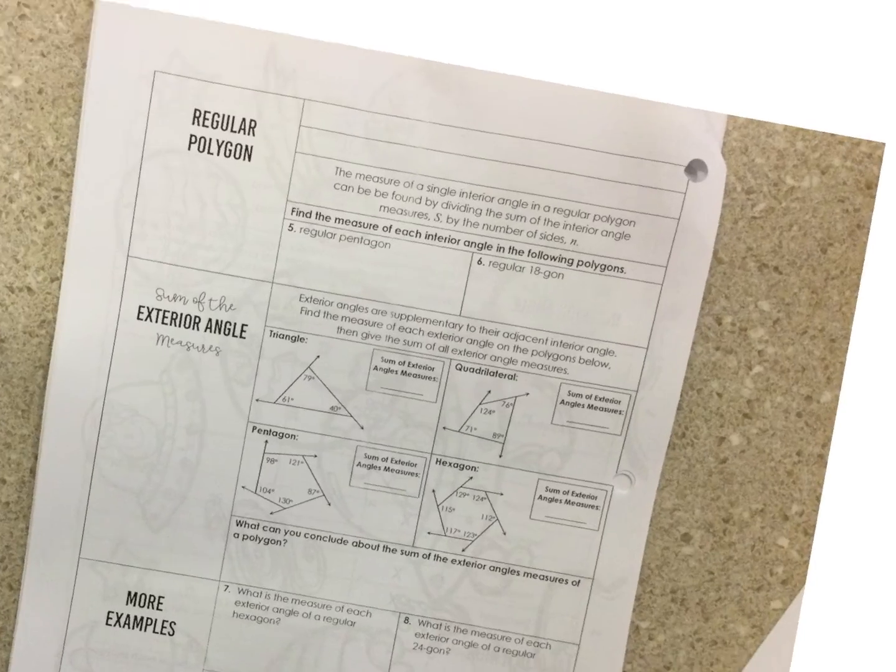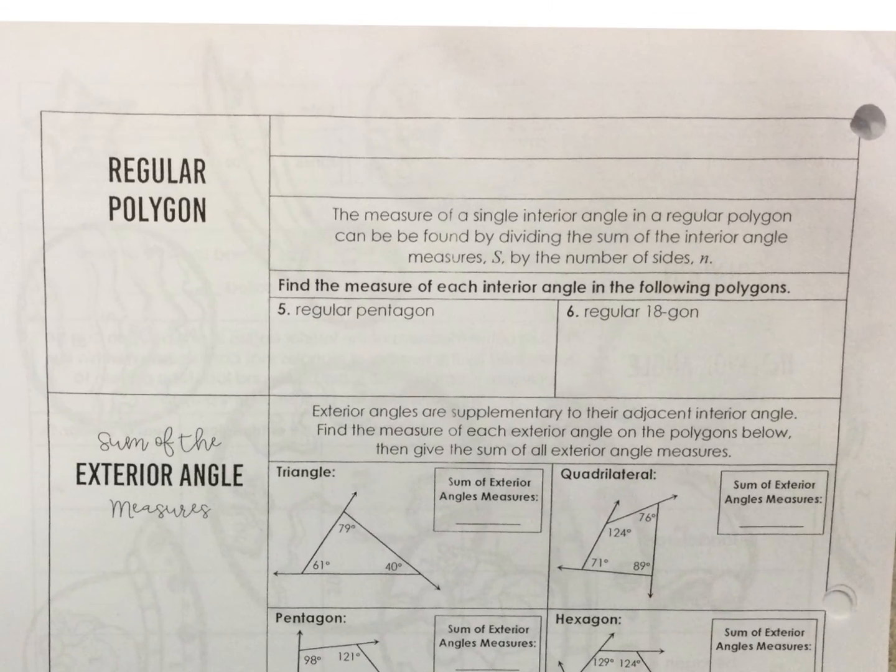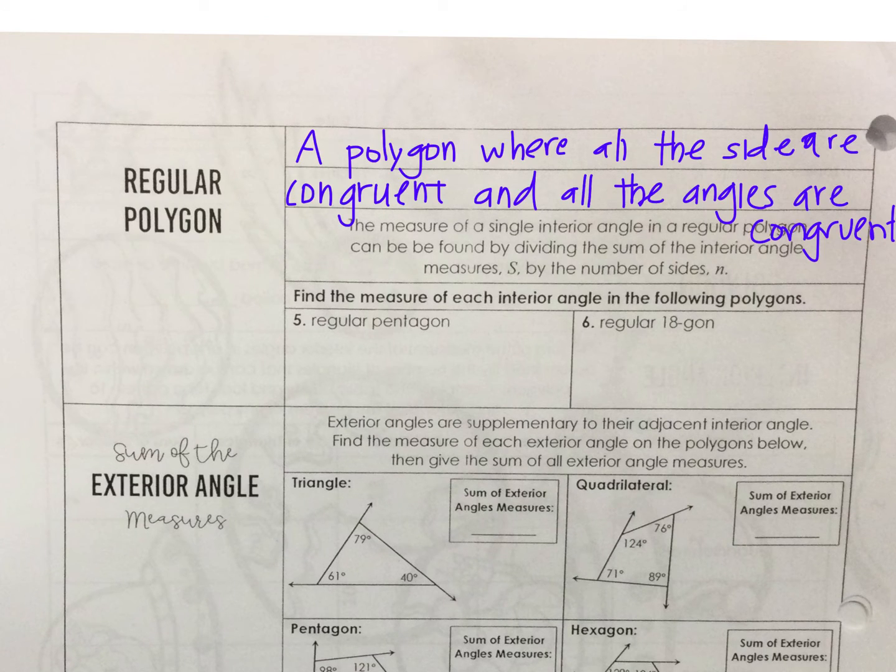On this page, we're going to talk about regular polygons. A regular polygon is a polygon in which all the side measures are congruent and all the angle measures are congruent. So it wants to know the measure of one of those interior angles, because on the other side, when we had a pentagon, it had 5 sides.